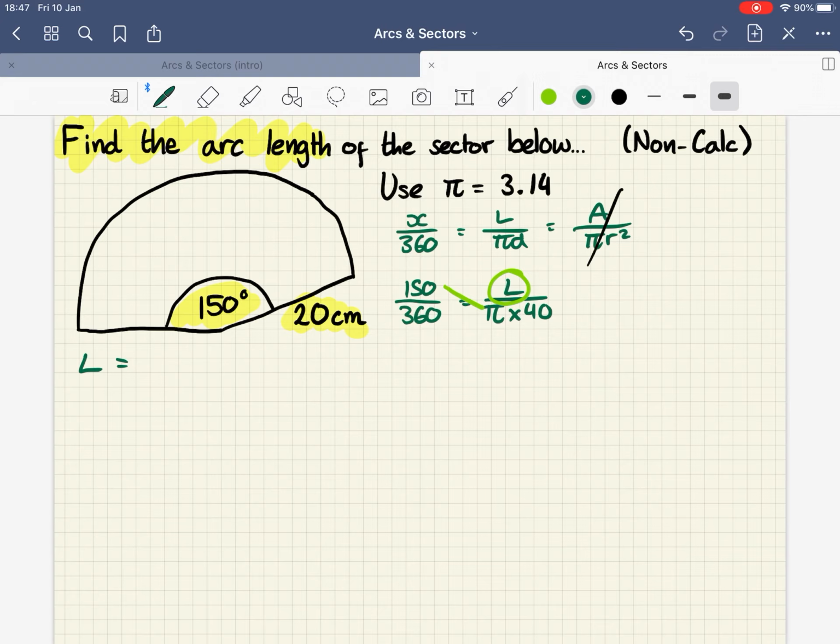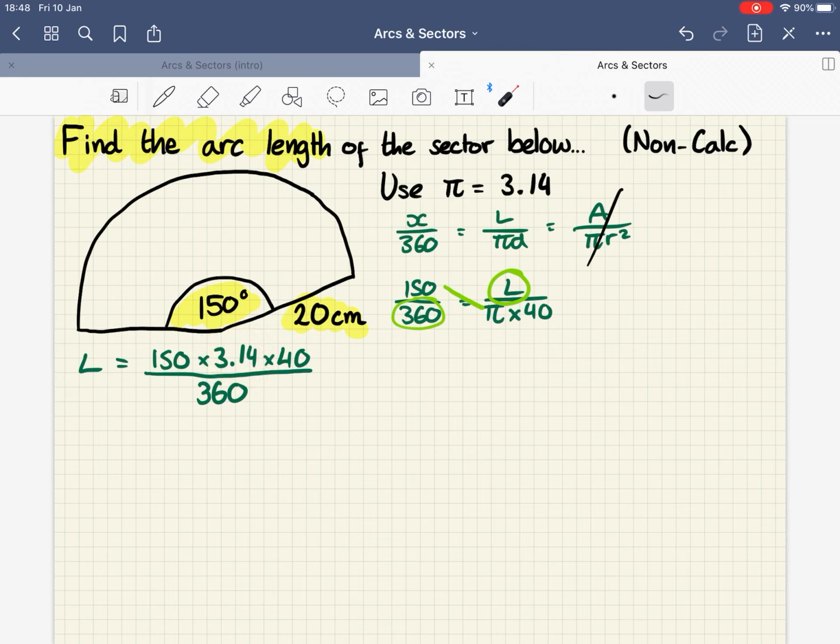I multiply across the diagonal. And actually, before I continue, I'm going to quickly change that pi into 3.14. And then it's all over the last bit at the bottom. So the first thing I want to do, I want to look to see if I can get rid of this decimal.